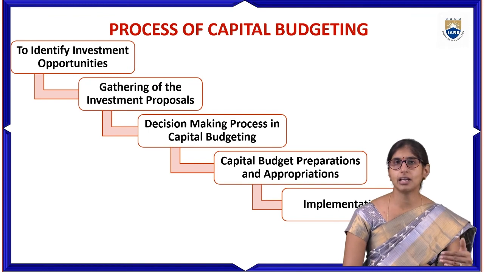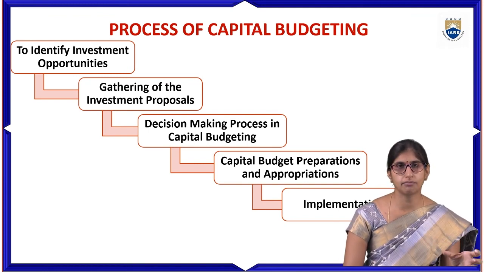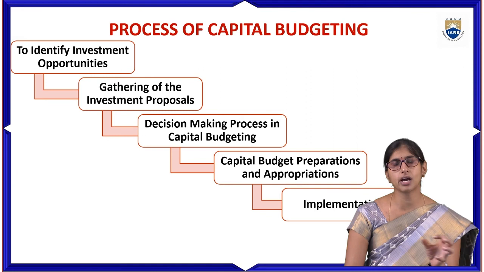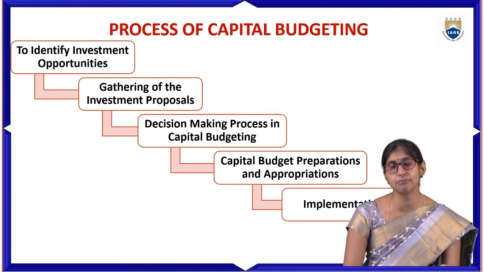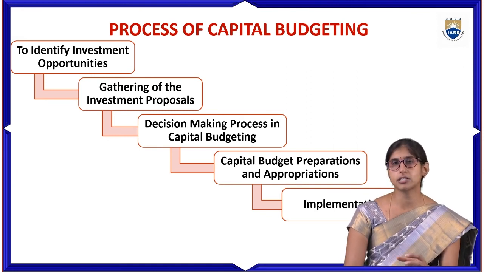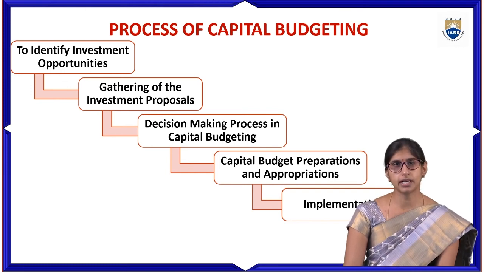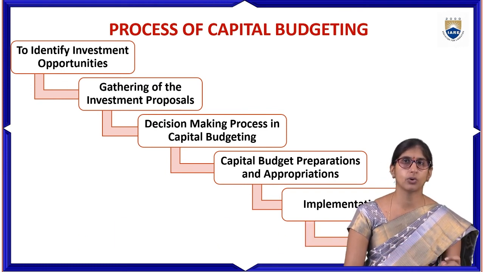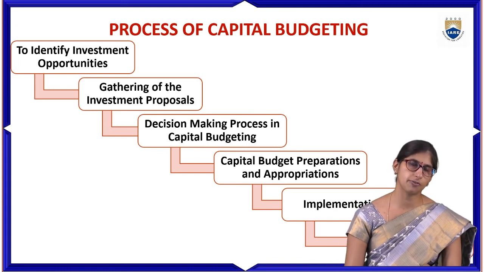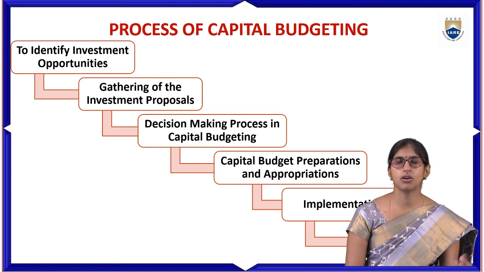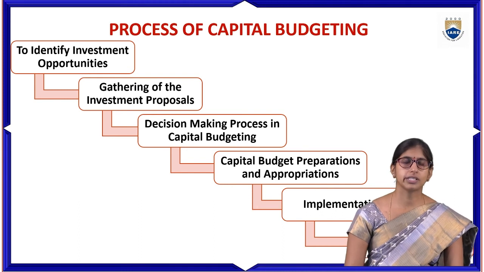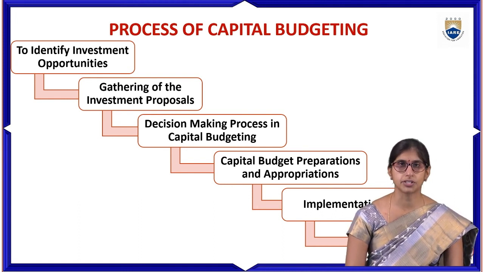And then finally, after we make appropriations, we are going to implement and choose the best investment alternative which we have. We are going to implement it, and then finally we are going to review the performance of the organization or the project. So these are the steps we have in the process of capital budgeting.